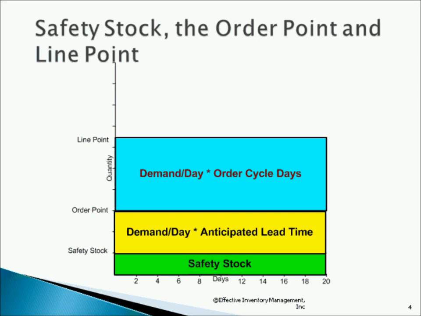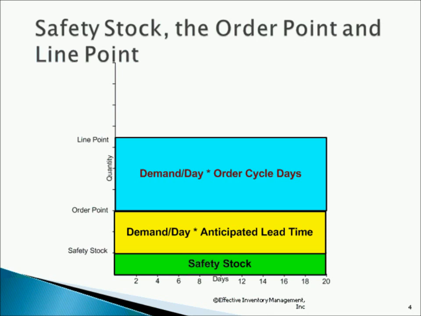The other area that you see in blue is what we call demand during your order cycle. Say you could only order from a vendor every 2 weeks. That means we have to order at least a 2-week supply at a time from the vendor.